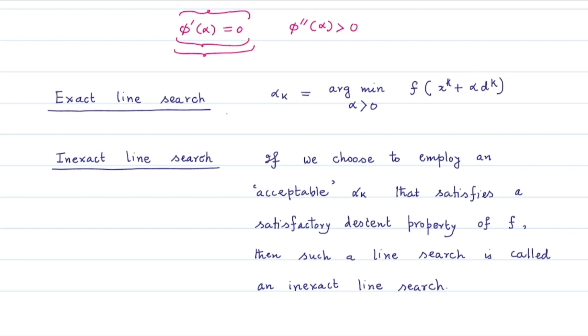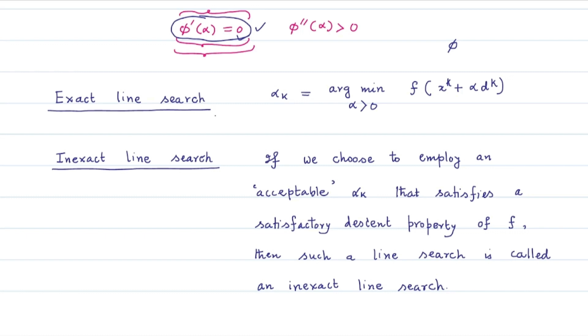So in an exact line search, if the function phi is differentiable, then alpha k satisfies this equation. But for an inexact line search, the step alpha k does not necessarily satisfy this equation.